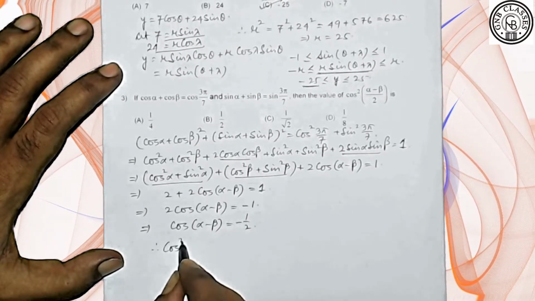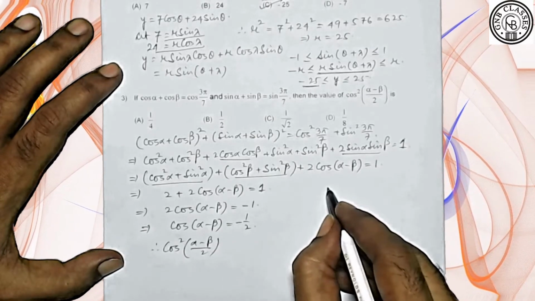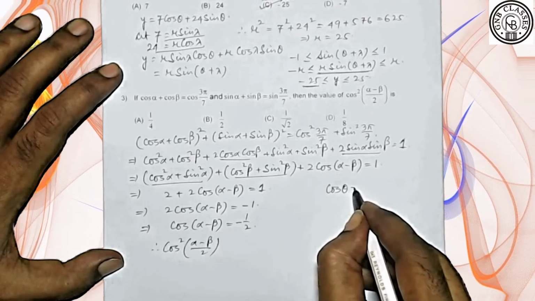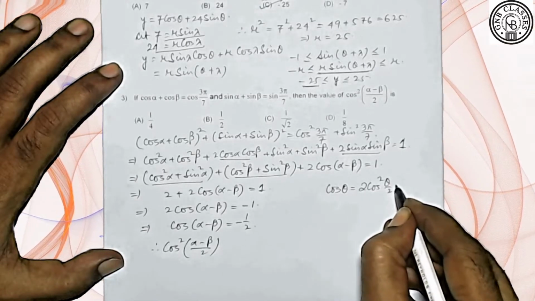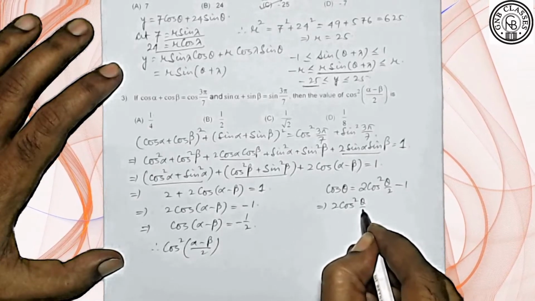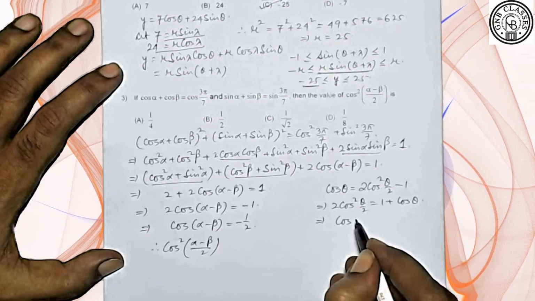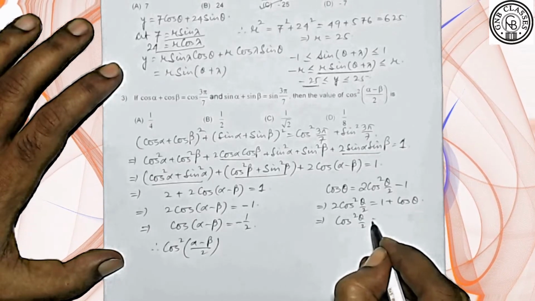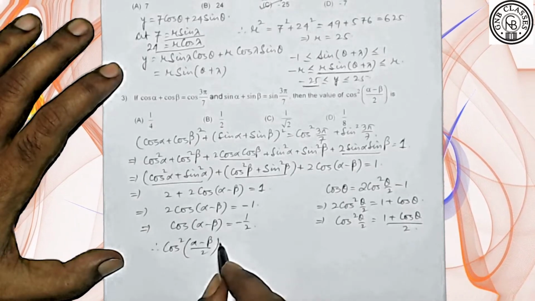Therefore, cos square alpha minus beta by 2, we know that cos theta can be written as 2 cos square theta by 2 minus 1, implies 2 cos square theta by 2 is 1 plus cos theta. That implies cos square theta by 2 is 1 plus cos theta by 2, right?